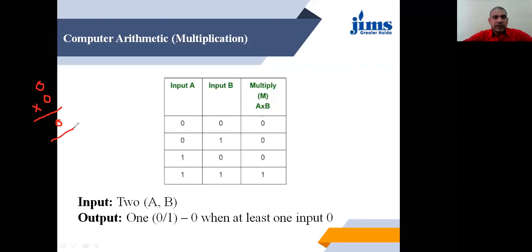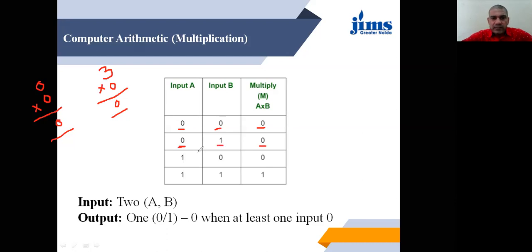As we know, in case of decimal, suppose I have to multiply 3 with 0, then the result is also 0. Same over here, when any of the bits is 0, then we are getting the result as 0. Over here, input A is 0, input B is 0, so we are getting a 0. When any one input, in this case A is 0, in this case B is 0, we are also getting 0 as the multiplication of these two.